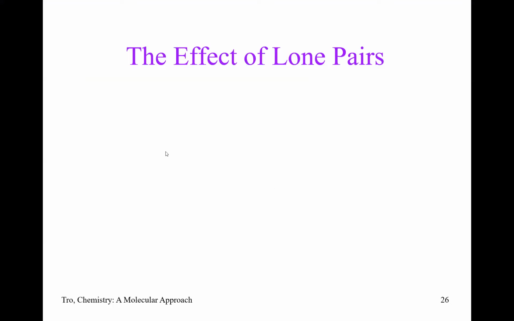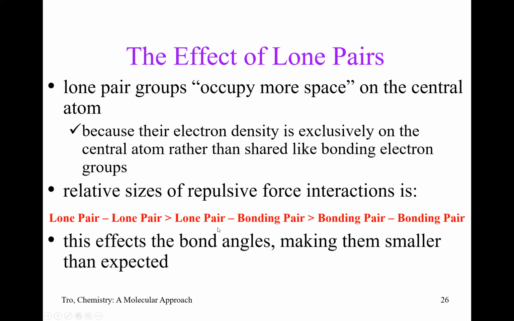The order of this, as far as size, is two lone pairs together, then a lone pair pushing bonding pairs, and then what we'd already covered is just normal bonding pairs, which were essentially all equal except for maybe the radius size of the atom. And for most of these, you divided 360 by the number of atoms.